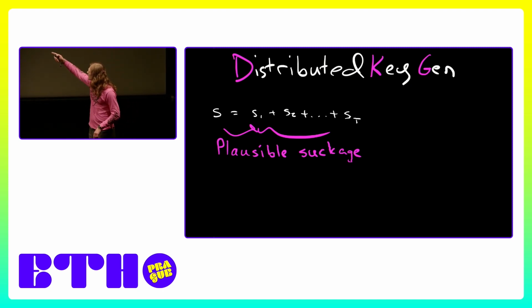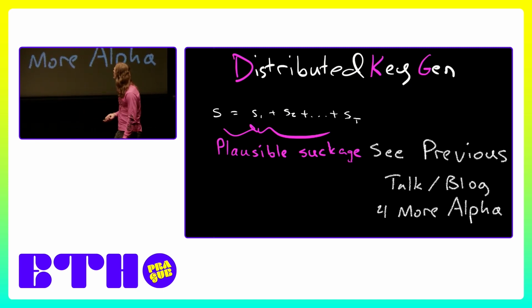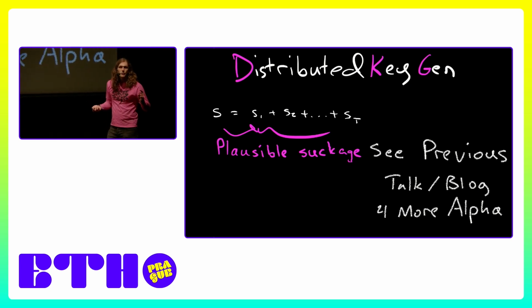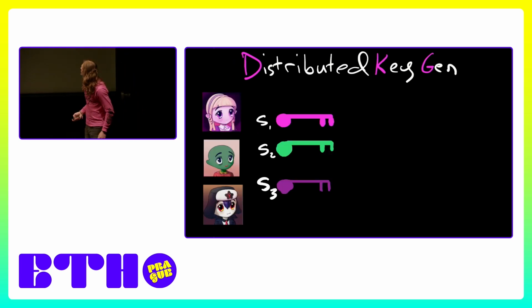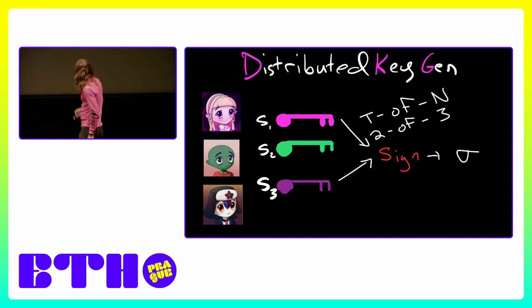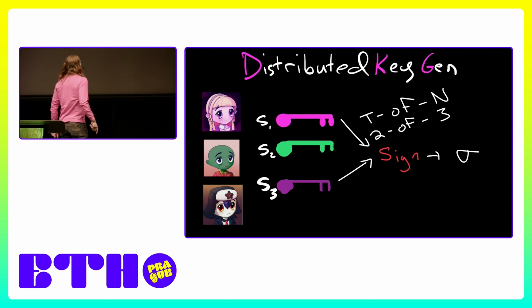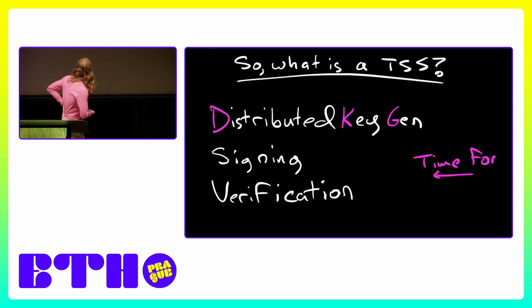So you want to get S equals S1 up to ST. You want to recombine those into a share using DKGs and Shamir secret sharing, which is what the blog post is about. Onto distributed key generation. When we get that, we've got our T of N signing, and we want to move on to signature creation, which I'm going to present three different ways that we can construct signatures after we assume that everyone has their own secret shares, additive secret shares.